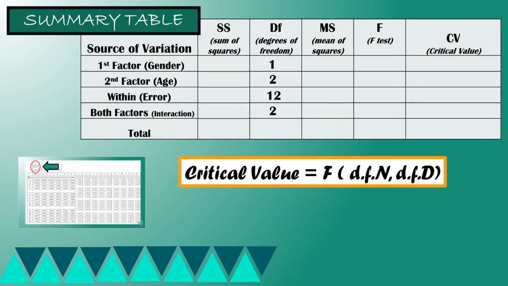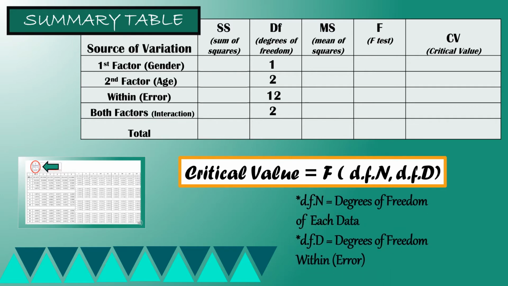So now let's find the critical values in the F distribution table for alpha equal to 0.05. Critical value is equal to F with DFN, DFD, where DFN is equal to the degrees of freedom of each factor and DFD refers to the degrees of freedom within, or error.